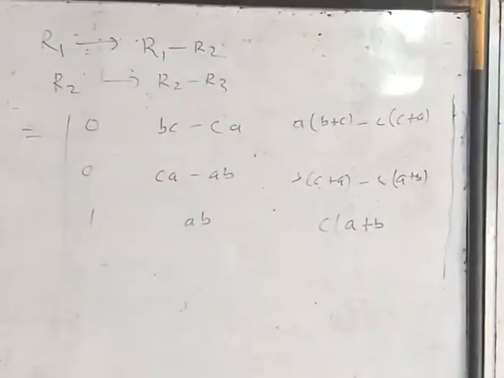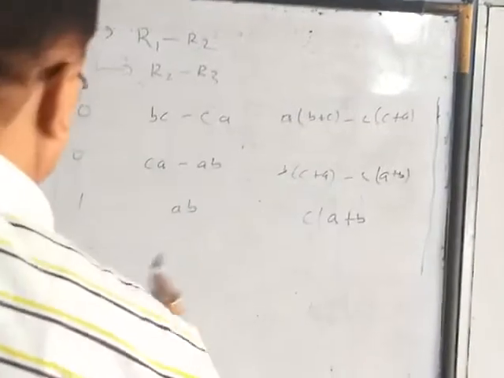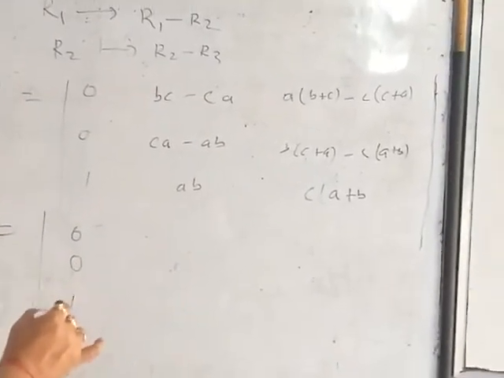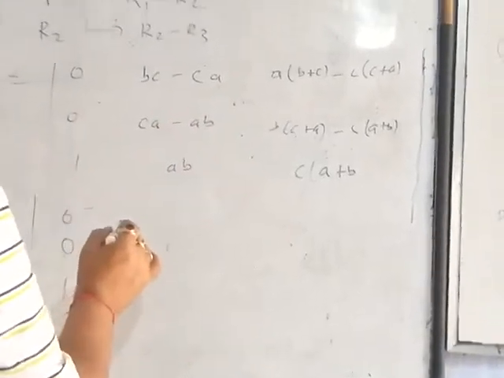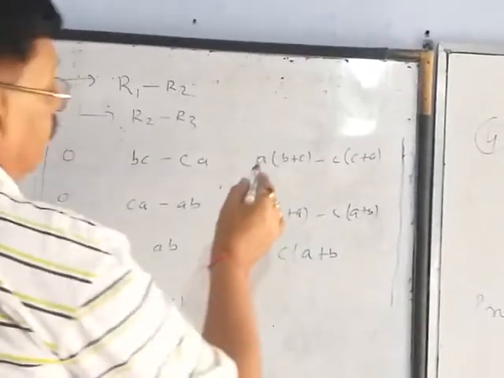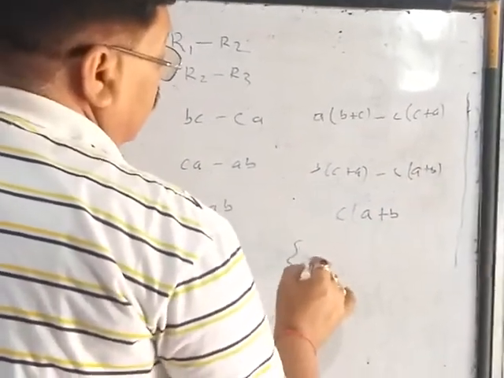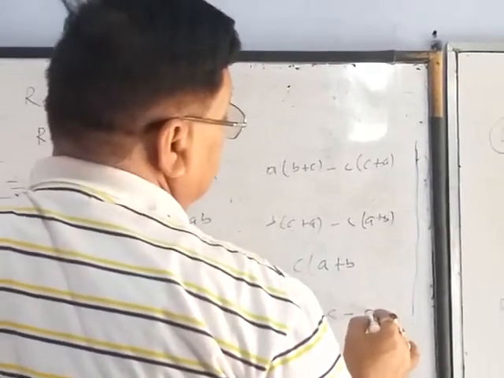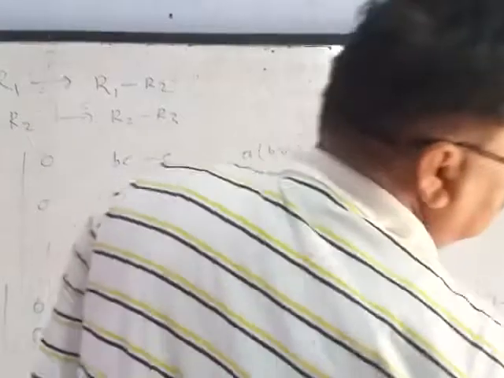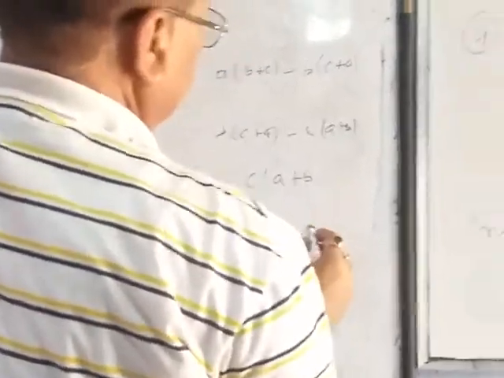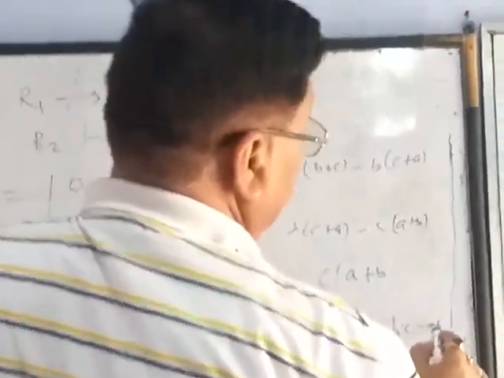Now we can factorize this and this. We can write 0, 0, 1. Here C is common, B minus A, and simplify: AB plus AC minus AB, it will be BC minus AB.